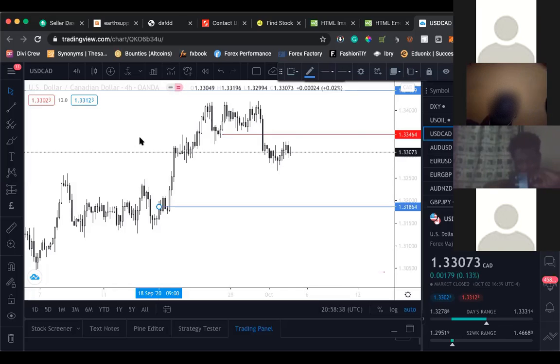Then you deposit your money, maybe 500 or 600 CDs into that account that you've created. Then you link your broker with MT4. Then the money shows up. Then you can start using that money to trade.